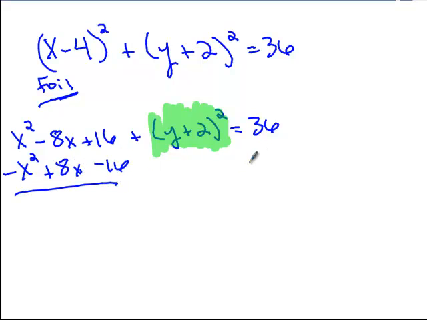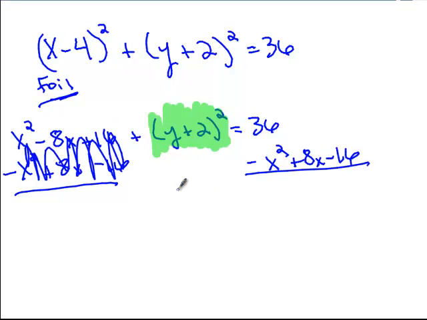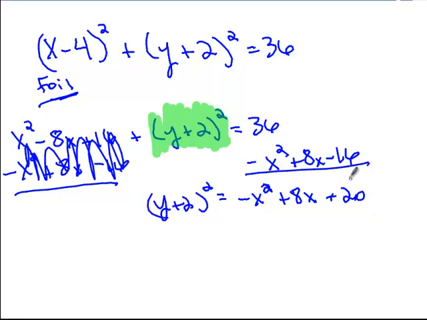I'm going to subtract it from both sides. When I simplify it, I get y plus 2 squared equals negative x squared plus 8x. My 36 and negative 16 create 20 because they're like terms and I can combine them.